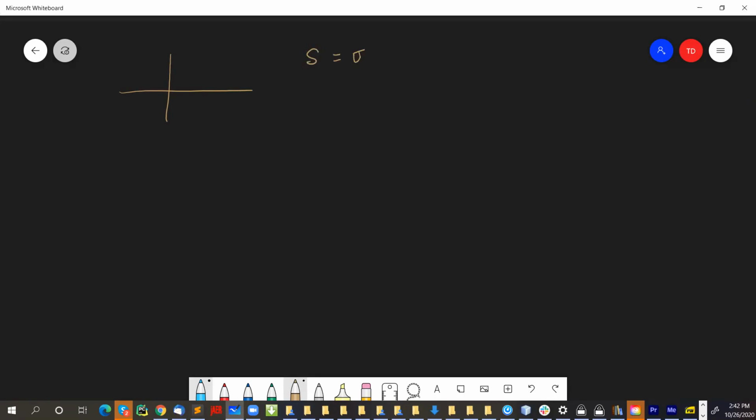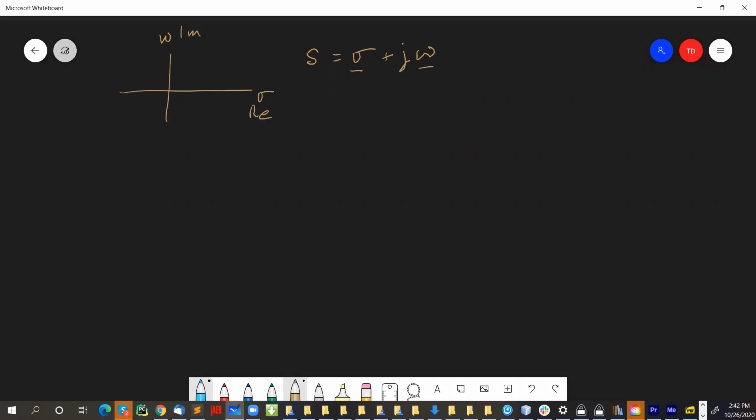It's equal to some real part, sigma, plus j times an imaginary part, omega. This sigma and this omega are constants, right? They're just a constant point in this complex plane where this is the sigma real axis, and this is the omega imaginary axis. So S is some point in this plane.